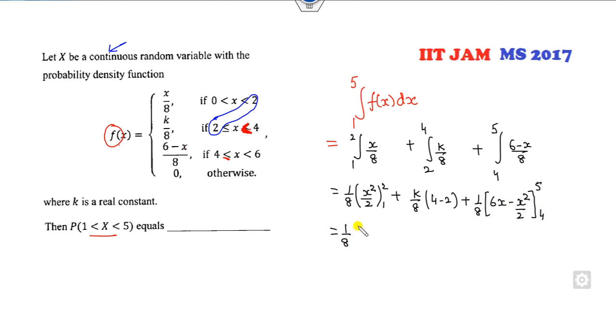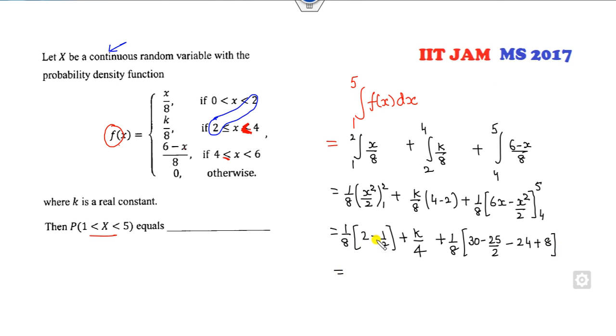So what is that? 4 by 2 is my 2 minus half, plus 2, so I can say it's k by 4, plus 1 over 8 outside, it's 30 minus 25 over 2 minus 24 plus 16 by 2, which is 8. Clear?